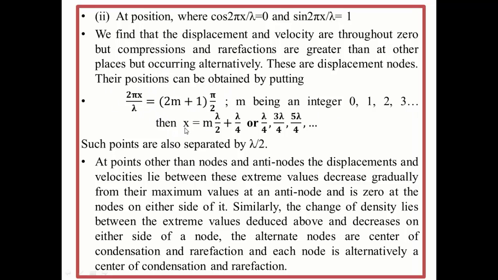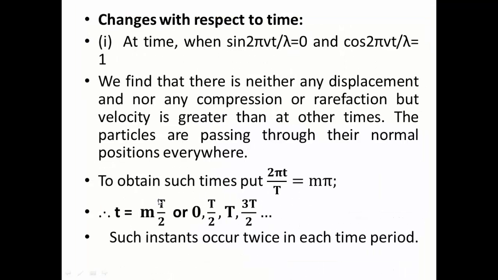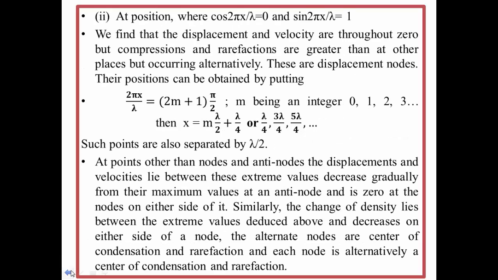Solving this, we get x equal to m·λ/2 plus λ/4. Putting in the values of m, we get first λ/4, then 3λ/4, 5λ/4. Again each node is separated by a distance λ/2.